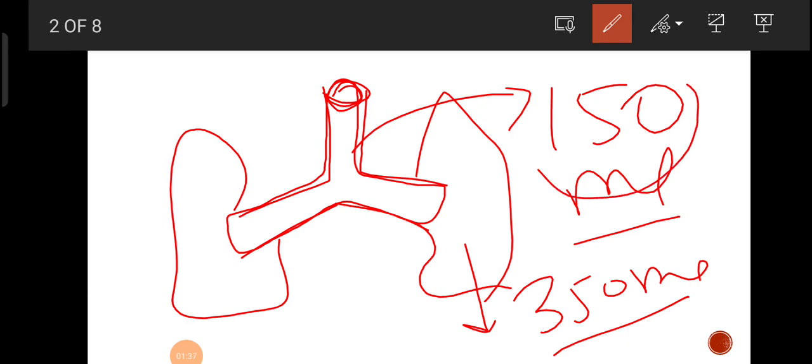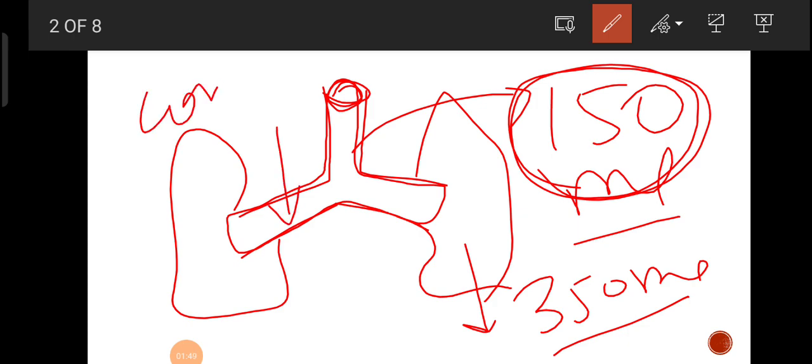So this 150 ml of air is known as dead space volume, because it is present only in the conduction zone, not for diffusion purposes.